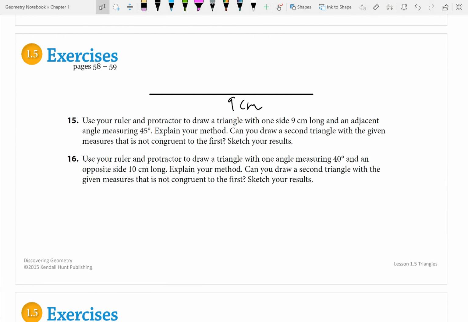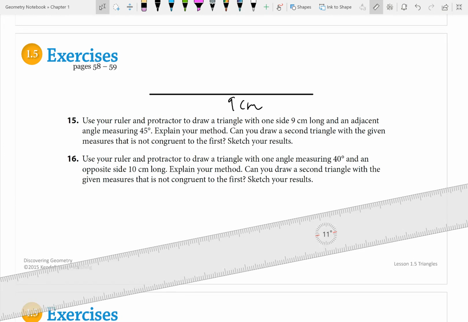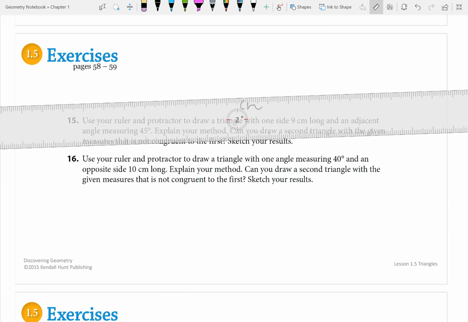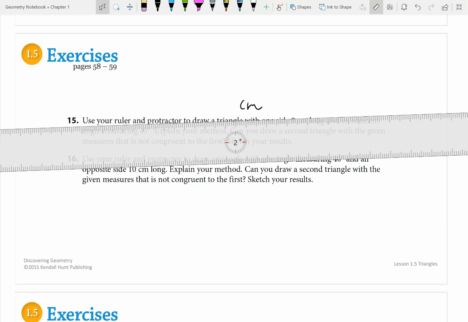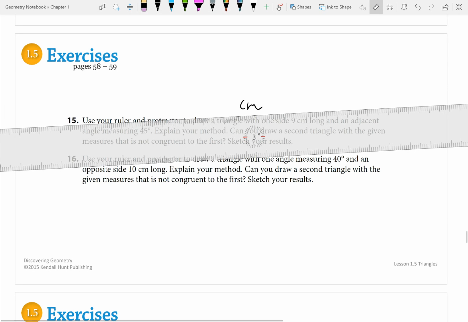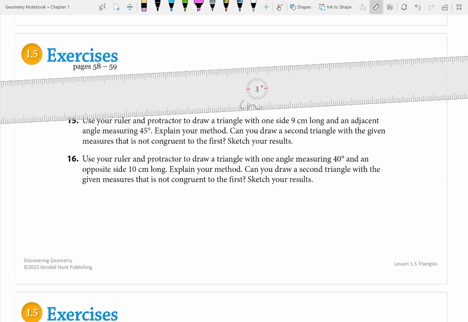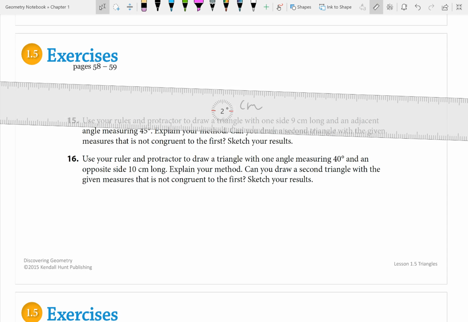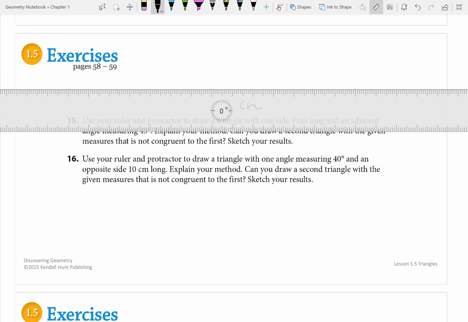And an adjacent angle measuring 45 degrees. So use your protractor. I get to use this handy dandy thing. Oops. Where did it go? Oh, weird. Disappeared on me. Okay. Try it again. 1, 2, 3, 4, 5, 6, 7, 8, and 9.